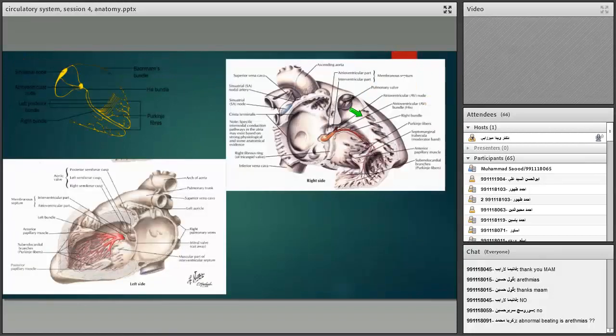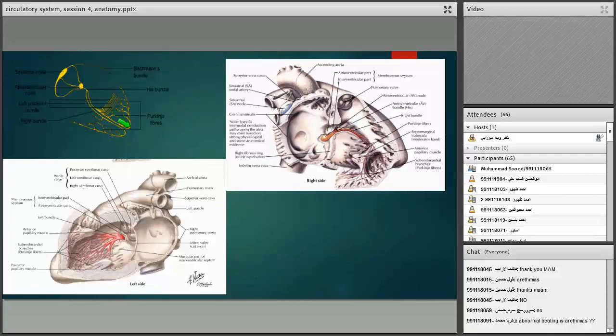Look at this slide. We can see the sinoatrial node and the atrioventricular node, the three internodal branches, and the His bundle, right and left, and the last fibers are the Purkinje fibers, which are distributing in the myocardia of ventricles from apex to the base.